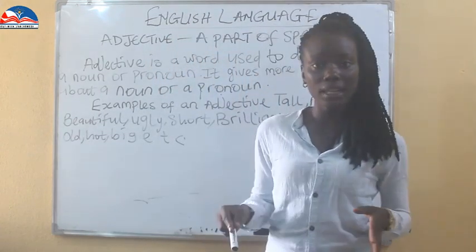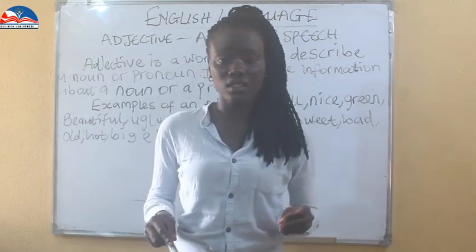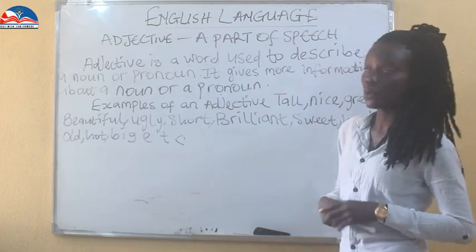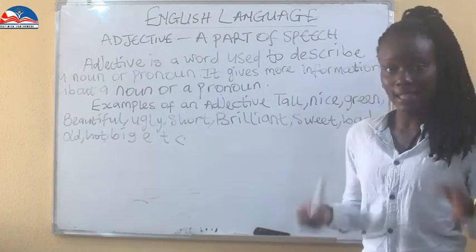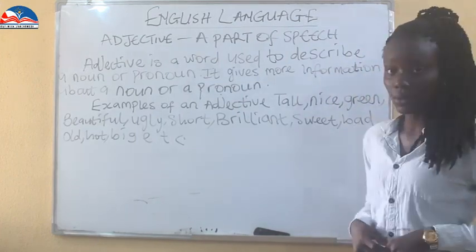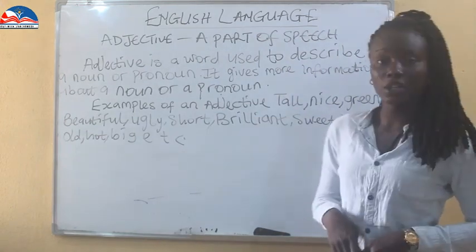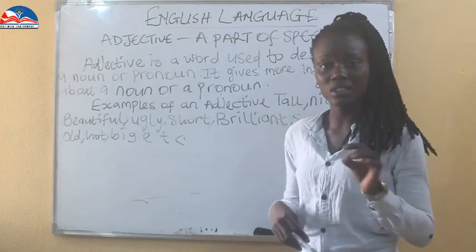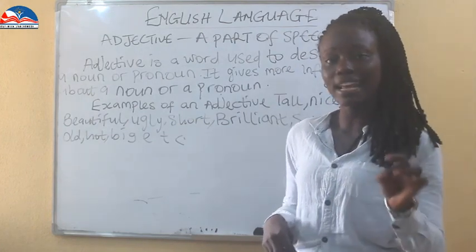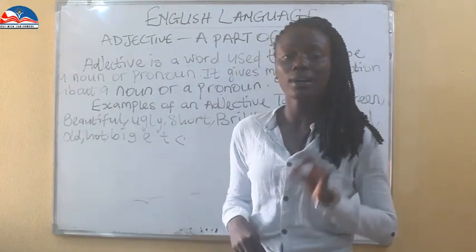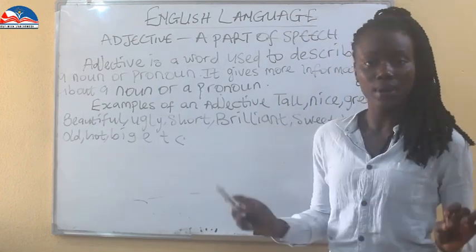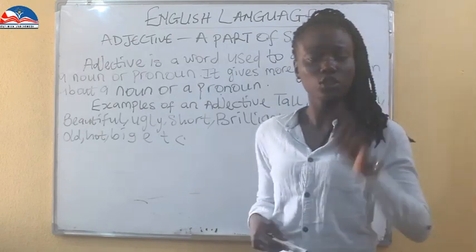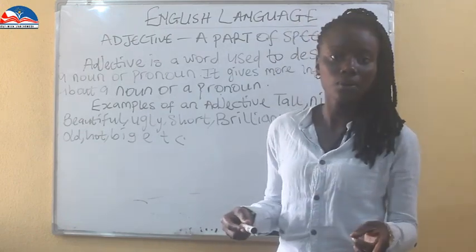Today we'll go fully into adjective as a part of speech. Adjective is a word used to describe a noun or pronoun. It gives more information about a noun or a pronoun. I told you a noun is the name of a person, animal, place, or a thing. Or simply, nouns are naming words. Pronoun is a word used instead of a noun.